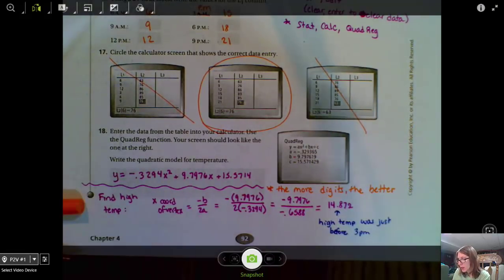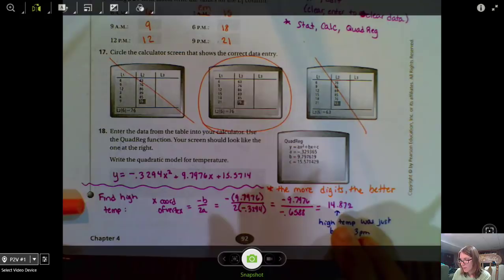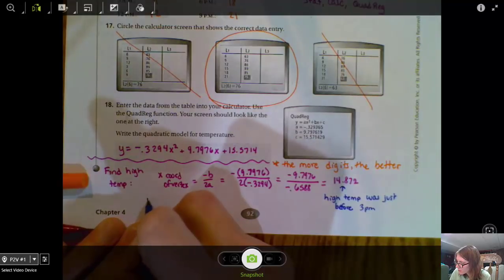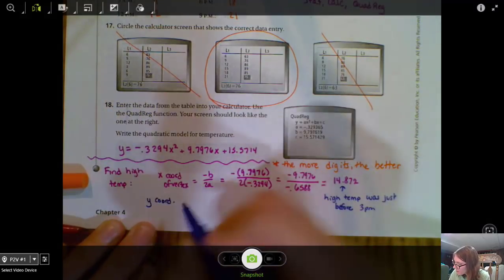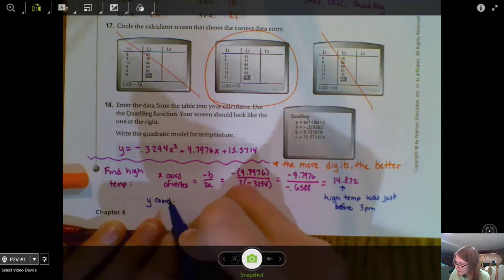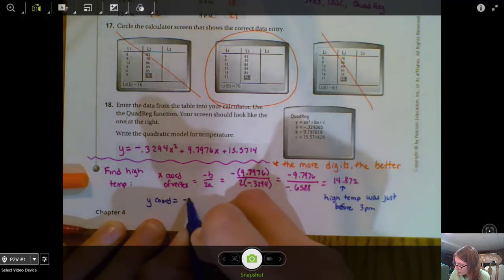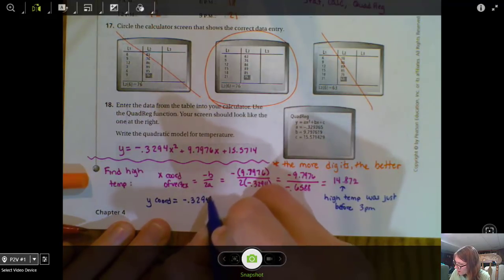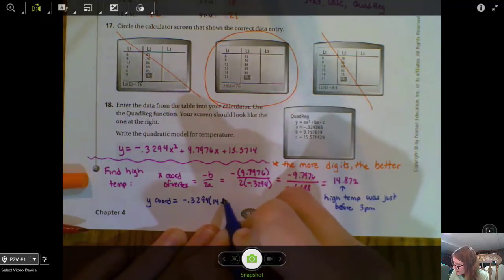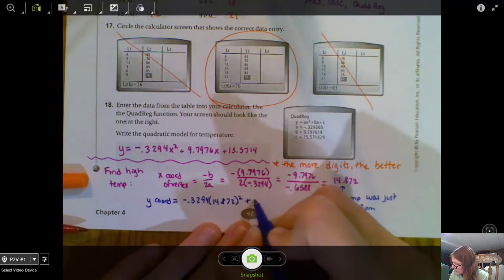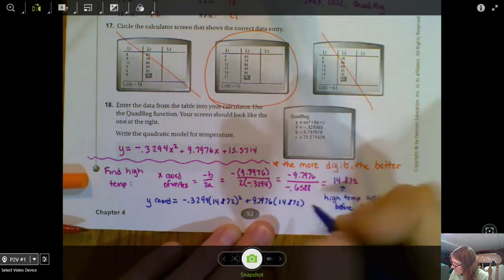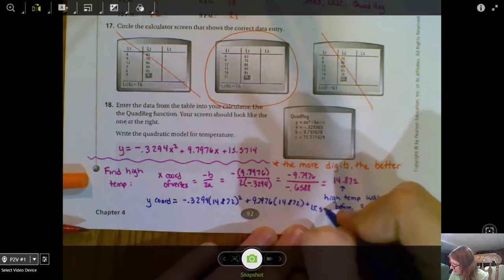To figure out our actual high temperature, we'd have to plug our x value into our equation to get the y-coordinate. So negative 0.3294 times 14.872 squared, plus 9.7976 times 14.872, plus 15.5714.